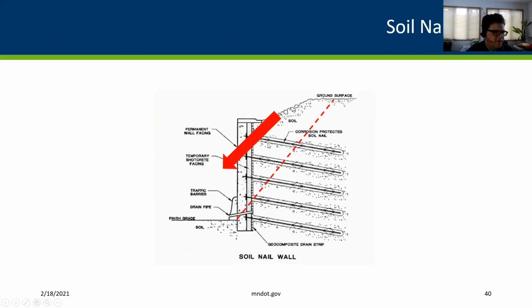And the soil nails are then embedded far enough into the existing soil beyond this failure plane so that they can provide a force that resists that outward force. The downward force is not a huge issue. There's ground there, and so it's going to ultimately go where it went before. But the outward force is what you're trying to resist with soil nails.